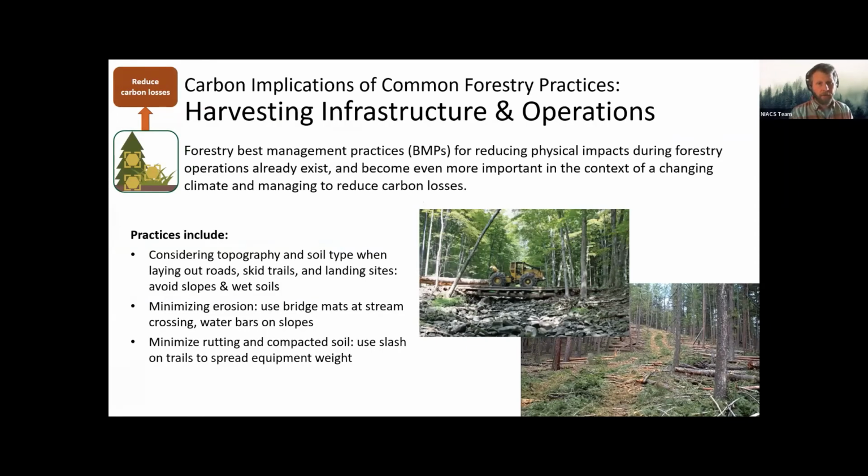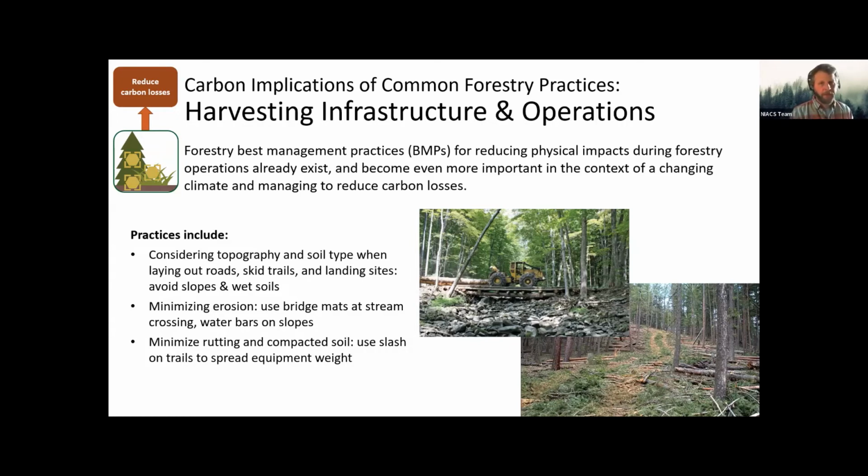BMPs are something that I think a lot of foresters are very comfortable thinking about. And there's obviously regulations in many states to adhere to BMPs, or if you're in Vermont, AMPs. And there are ways that we can enhance the implementation of those BMPs to have even better or greater carbon benefits.